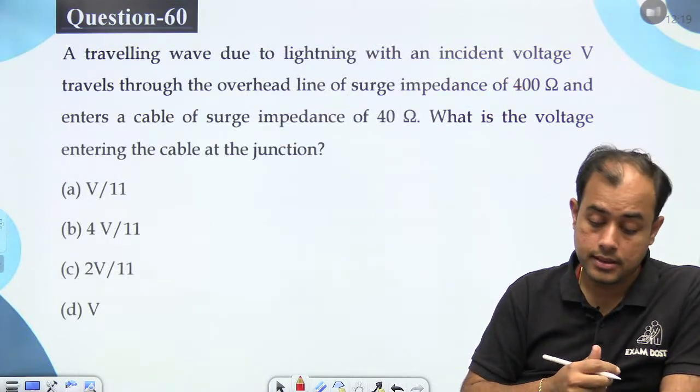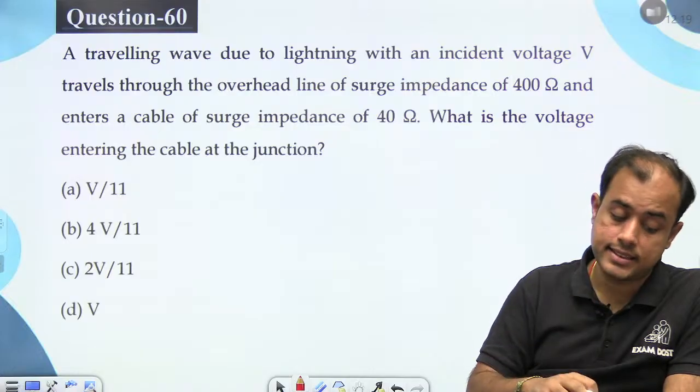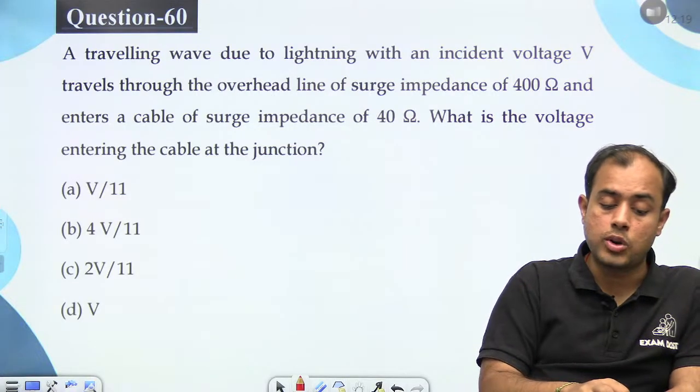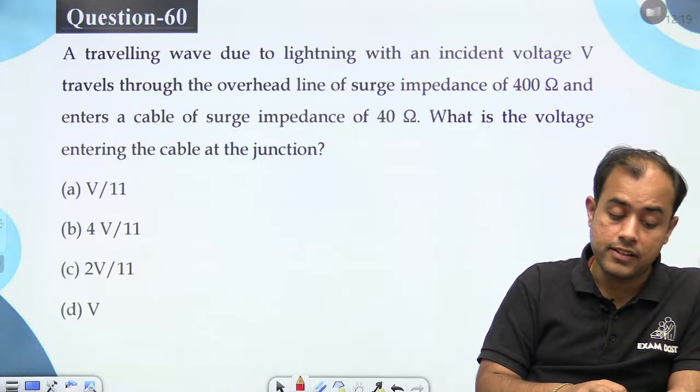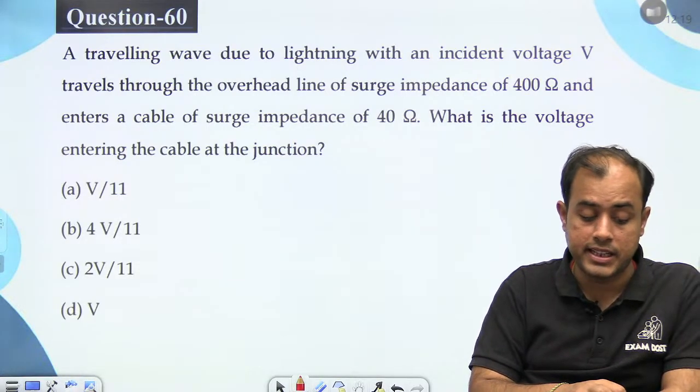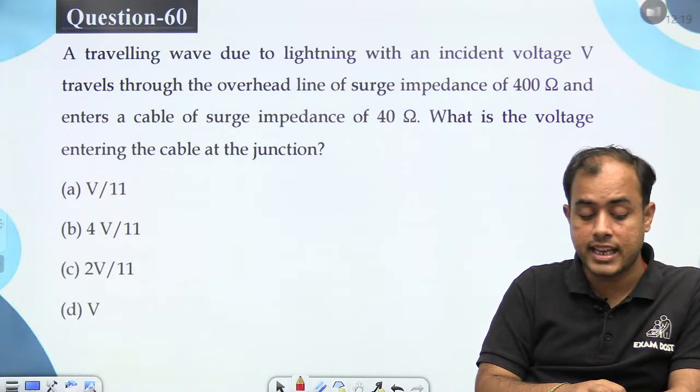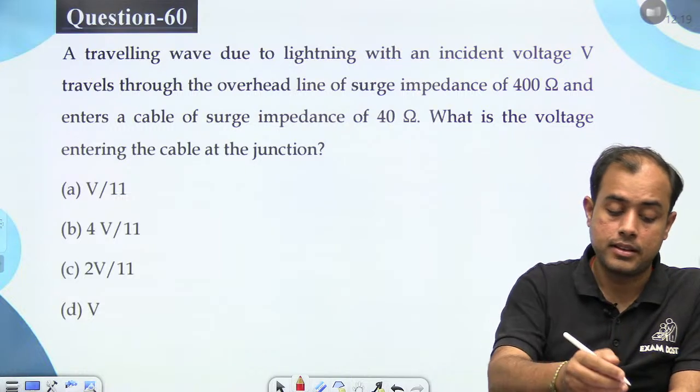Okay. ESE 2006, a traveling wave due to lightning with the incident voltage V travels through the overhead line of surge impedance 400, enters a cable of impedance 40.